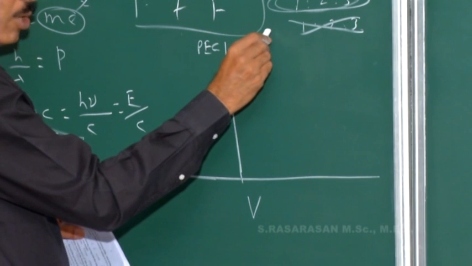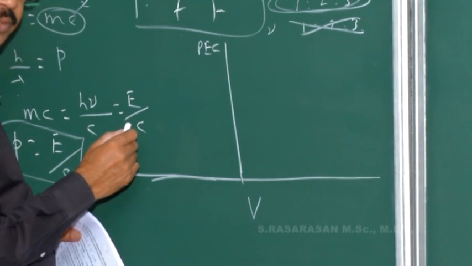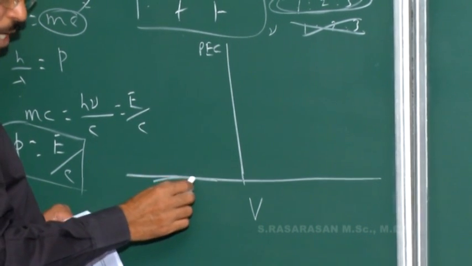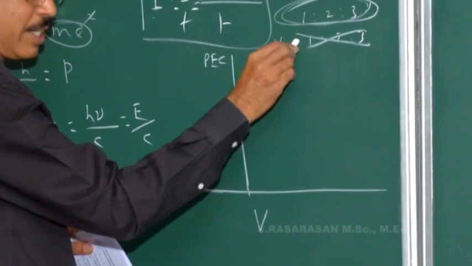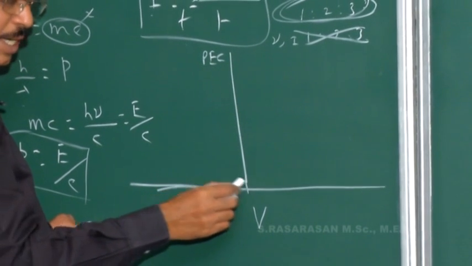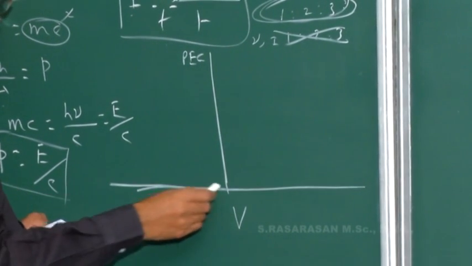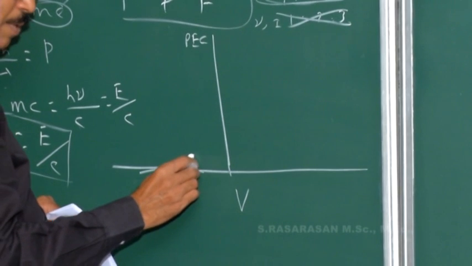Say for one particular frequency nu, when the applied voltage is increased, frequency and intensity constant. When applied voltage is increased from negative to positive including 0, the graph is obtained in this way.